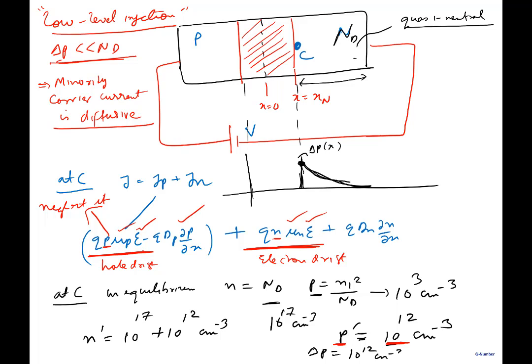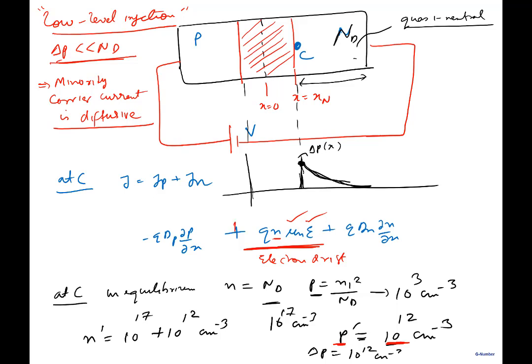Correct? Only we need to look at this component. The drift component we can neglect. We don't need to bother about it. We will focus on the electron current in a moment. So it's diffusive, and I can then ignore the drift. We'll consider only this term.